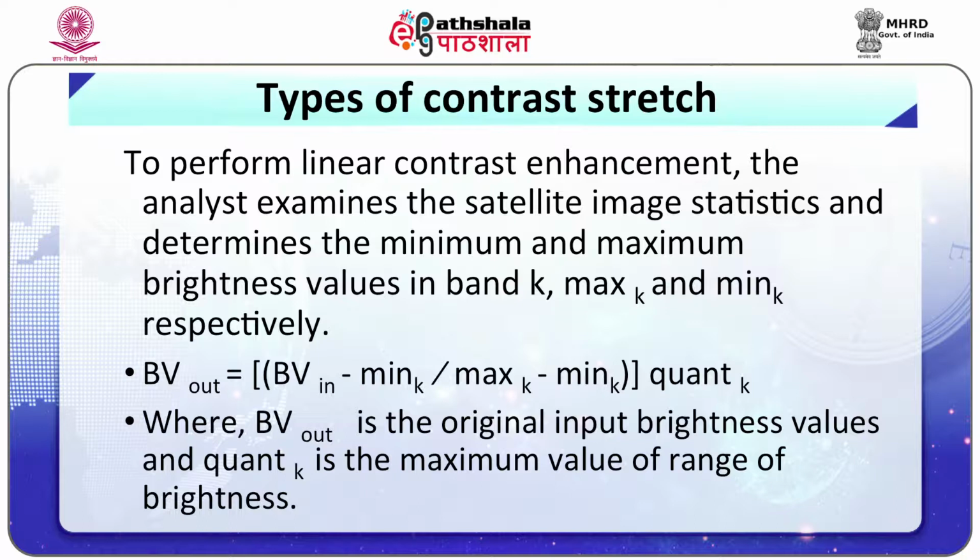BV out is equal to BV in minus min K upon max K minus min K, times quant K, where BV in is the original input brightness value and quant K is the maximum value of the range of brightness.